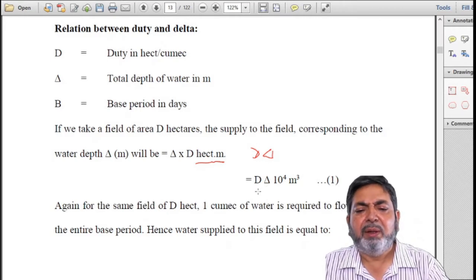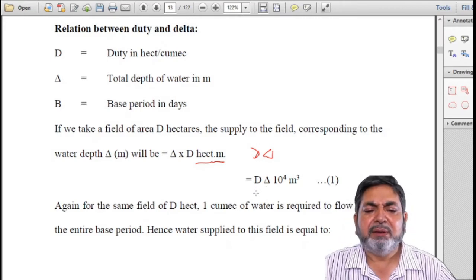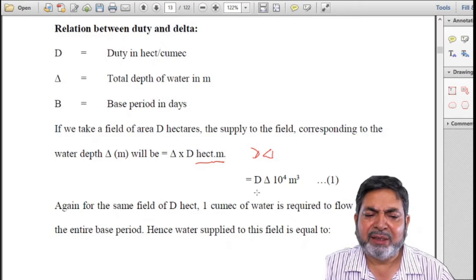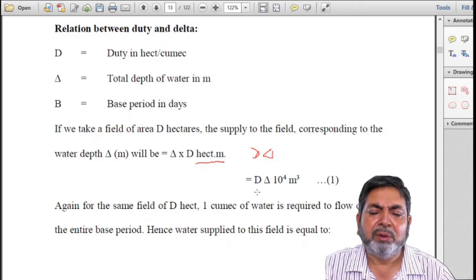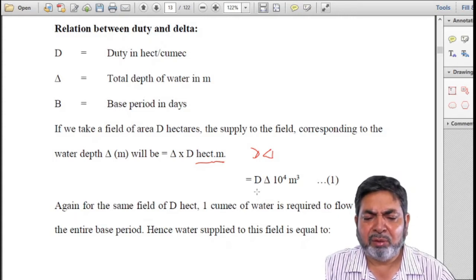Now we will calculate this volume by another method. Here you can read again, for the same field of D hectares, 1 cubic meter per second or 1 cubic of water is required to flow during the entire base period.